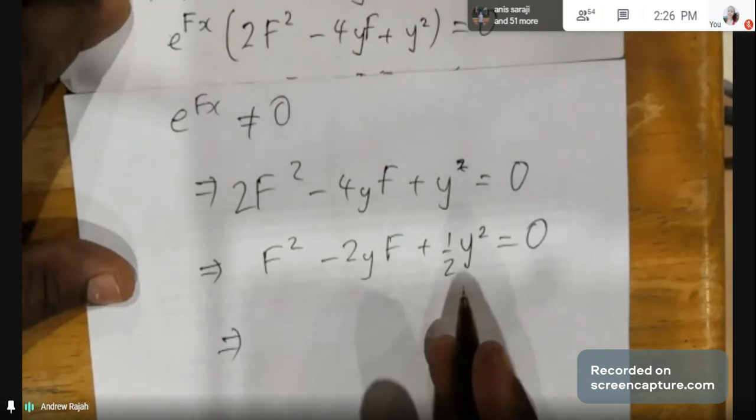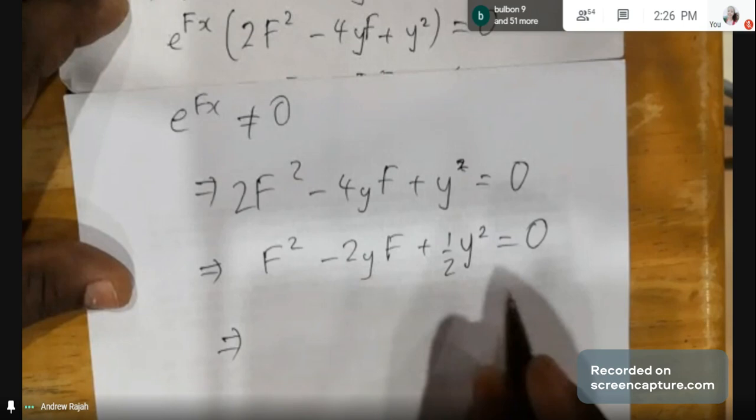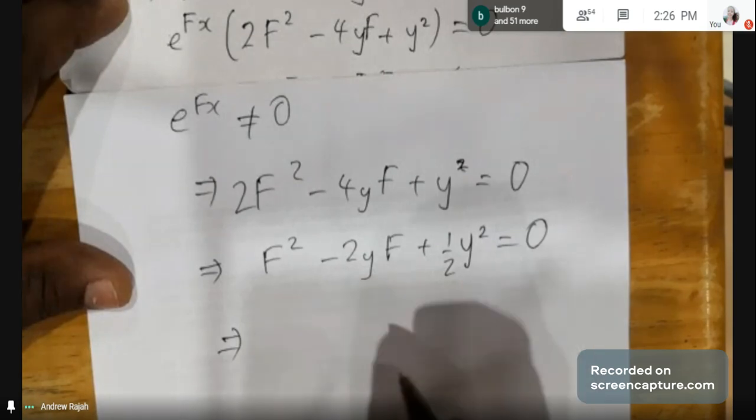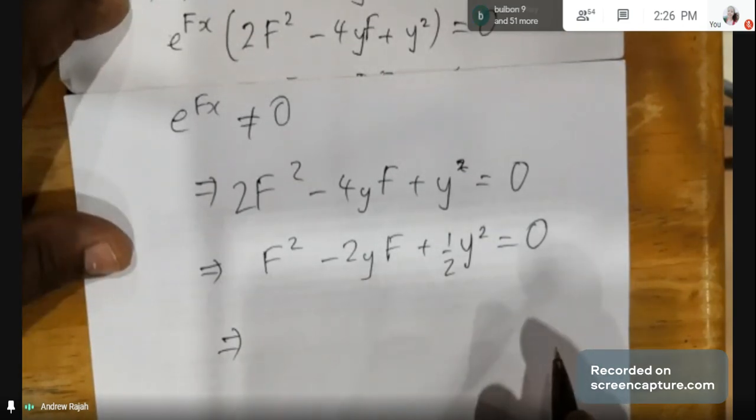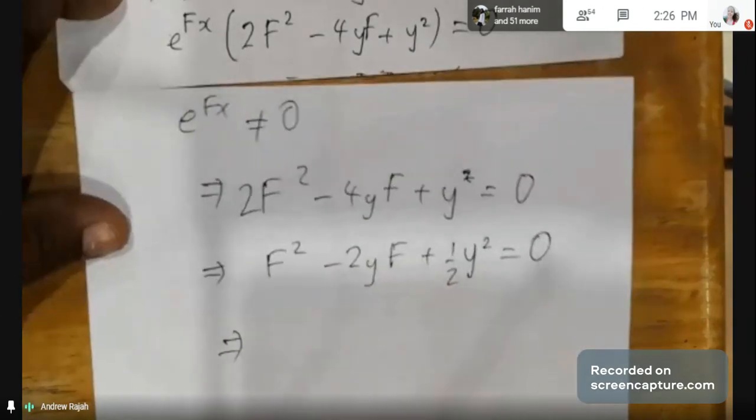Okay, completion of squares, or you can use negative b plus minus square root of b squared minus 4ac, as you prefer. Let's do completing the square.